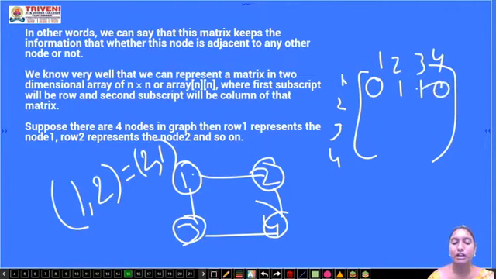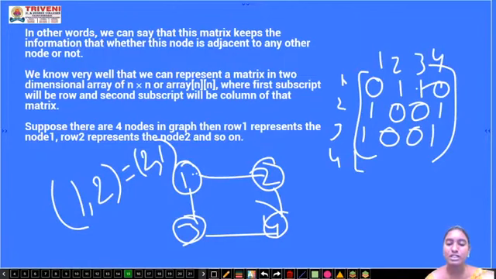There is no length from 1 to 4, then it will be 0, and 2 1, that is 1, and 2 2 is 0, 2 3 is 0, and 2 4 is the 1, and again 3 1, 3 2 is 1, 3 3 is 0, and 3 4 is there 1, and again fourth one, 4 1 is 0, 4 2 is 1, 4 2 and 2 4 are both are same, that's why I have taken, and 4 3, and 4 3 is the 1, and next one what is the next one?